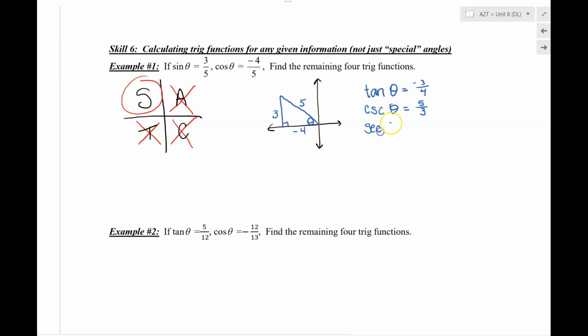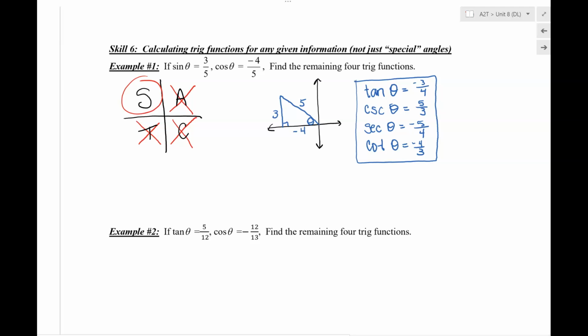Secant is the reciprocal of cosine, so that means it's going to be the hypotenuse over the adjacent, so -5/4. And then cotangent of theta is the reciprocal of tangent, so it's adjacent over opposite, which means it's going to be -4/3. So there is what was asked for, the other 4 trig functions.